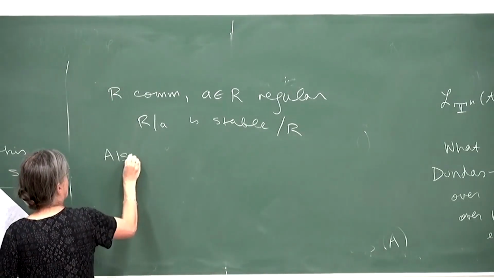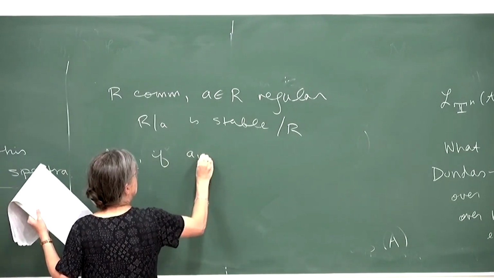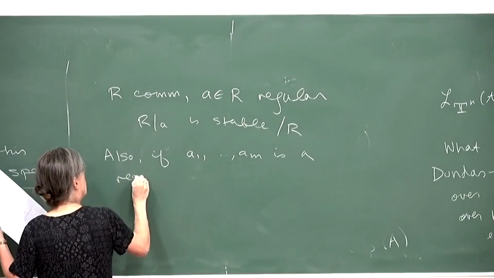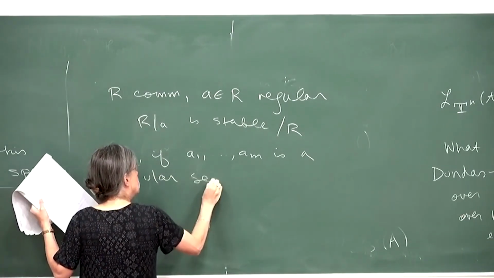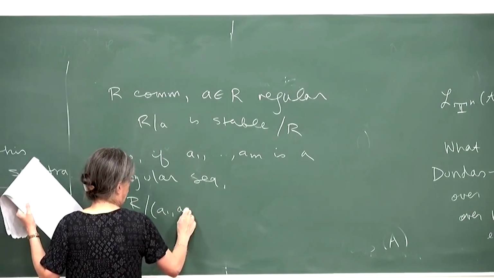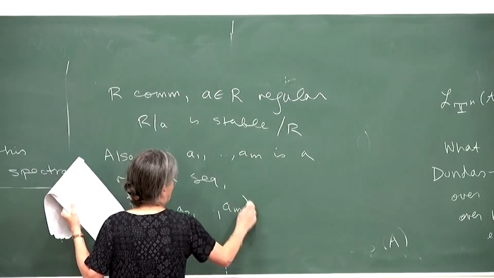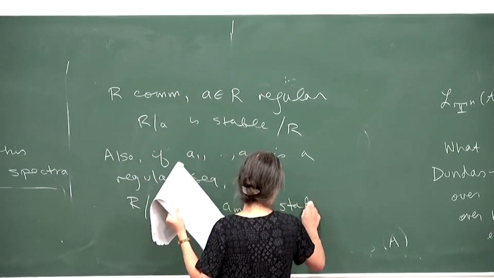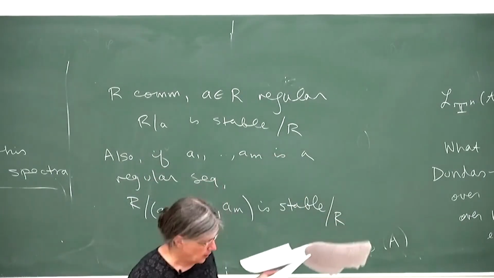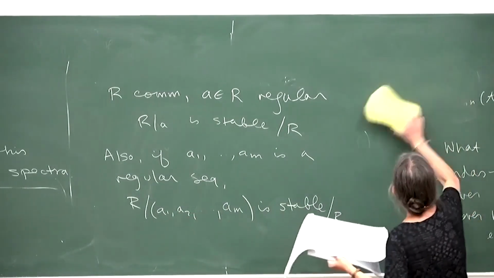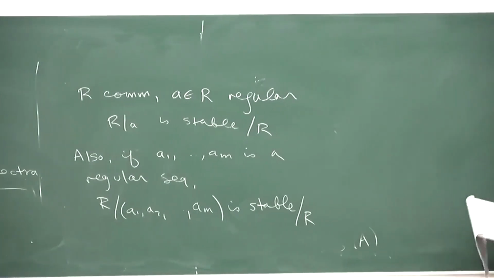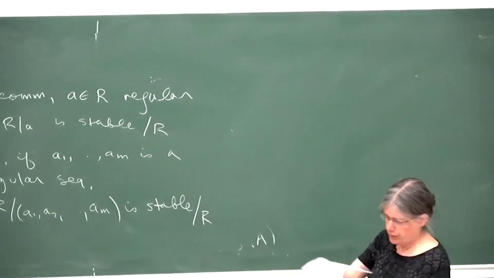Also, if A1 through AM is a regular sequence, you get that R mod the ideal generated by them is stable over R. And also, one more stability result.